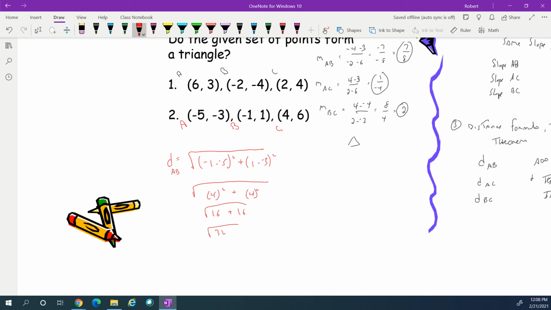And since I don't really want to round if I'm going to test all this, but let's see how these numbers work out. We have distance of AC. 4 minus negative 5, 6 minus negative 3.